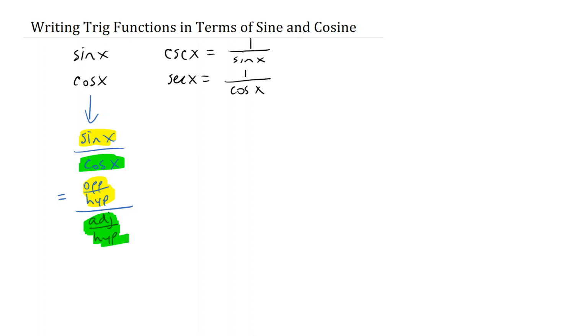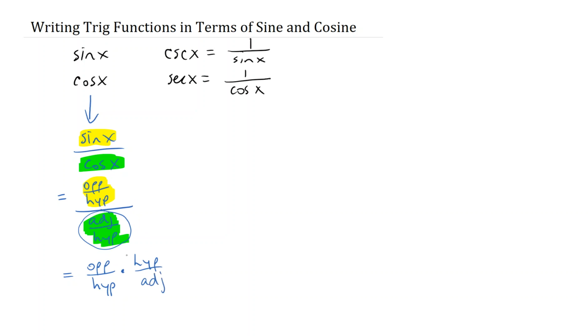Okay? And so when you simplify this complex fraction, the way to do that is to take the top, opposite over hypotenuse, and right now we're dividing by adjacent over hypotenuse. So instead we're going to change it to multiplication by the reciprocal of this green fraction, hypotenuse over adjacent.